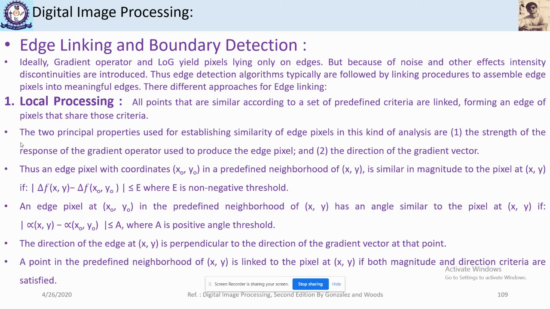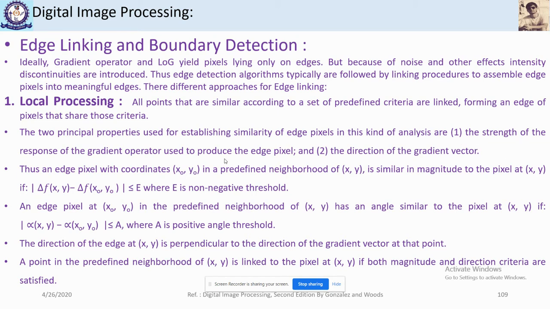So how do we perform the local processing? For that, there are two principal properties used for establishing similarity of edge pixels in this kind of analysis. To find the similarity between two edge pixels, two properties are considered. Which are those two properties?